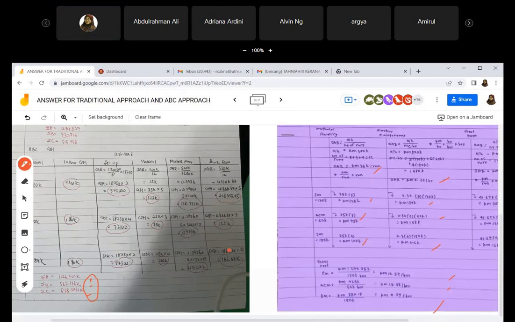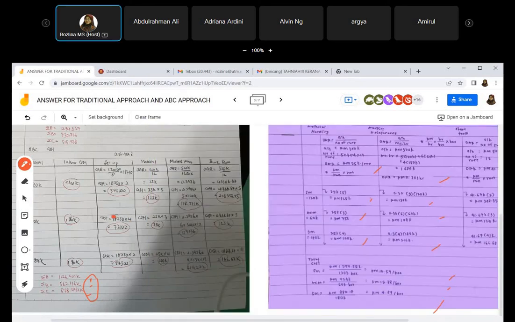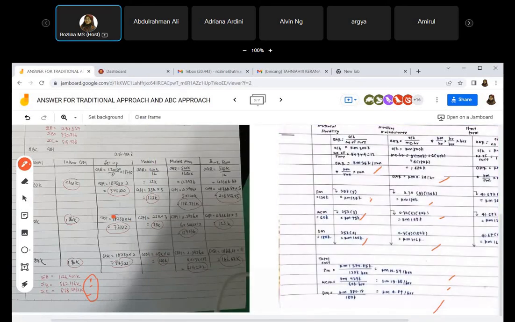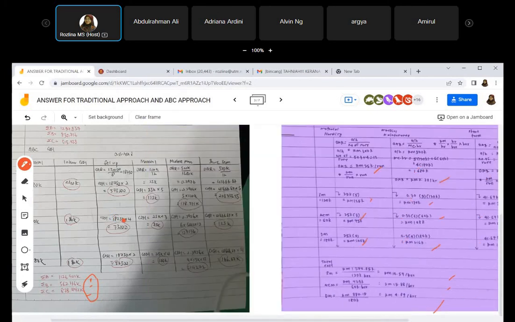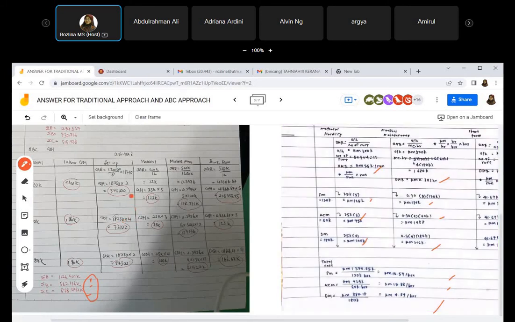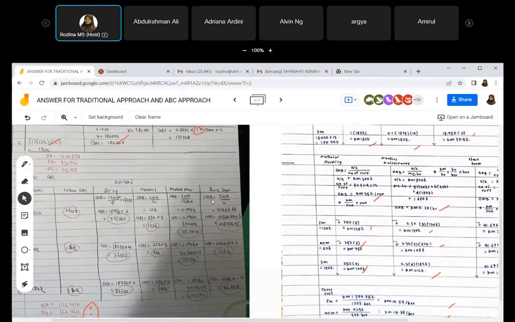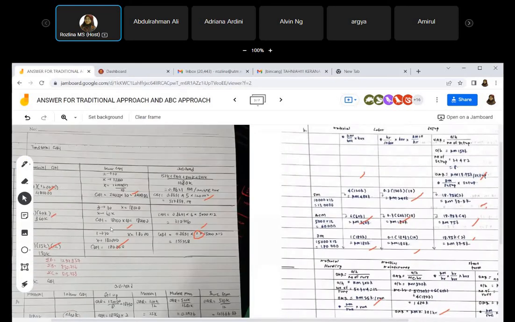Okay, for the first one, it moved. Undo. Whoever moved it, please undo. Okay, for the first, who answered this one? For the first one, the one who used the text pad. Who answered this one?